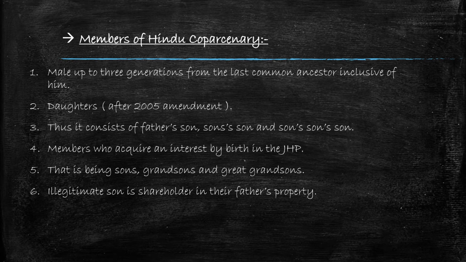Thus, it consists of father's son, son's son, and son's son's son. Members who acquire an interest by birth in the Hindu joint family, that is sons, grandsons and great-grandsons. Lastly, illegitimate son is shareholder in their father's property.